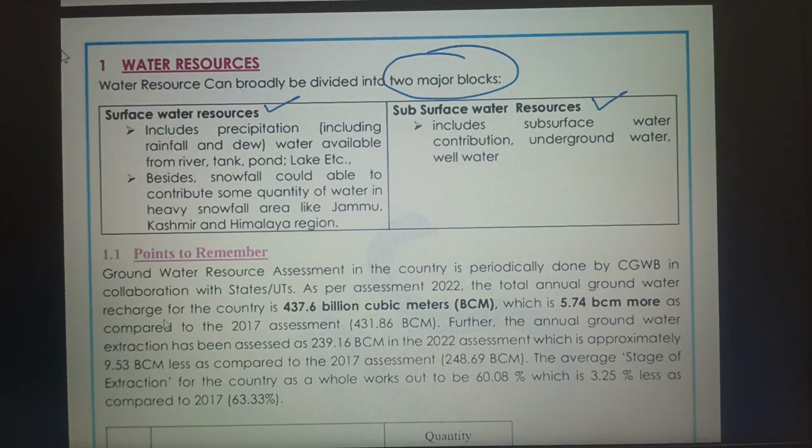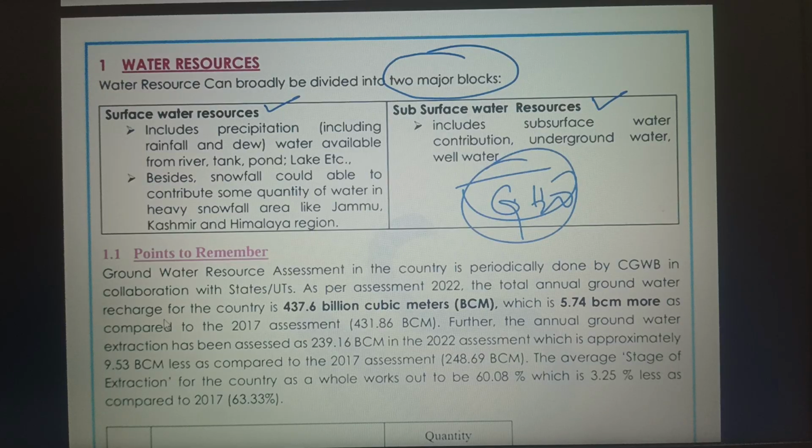The surface water resources available for our country are in different forms. It may be in the lakes, in the ponds, or in the form of precipitation, that is rain and snow, or it can be below the surface of the earth, that is groundwater.